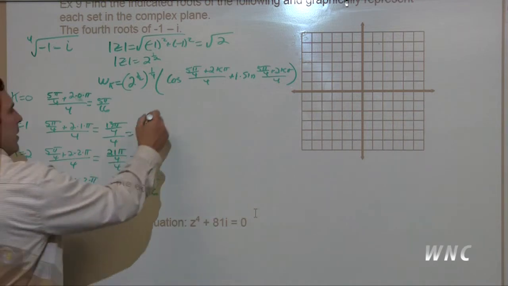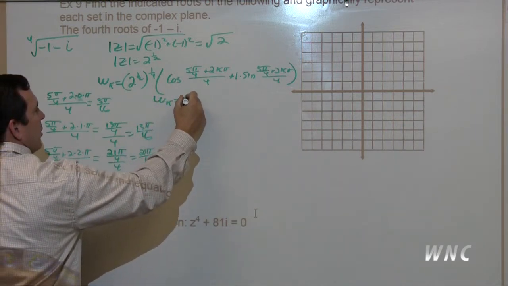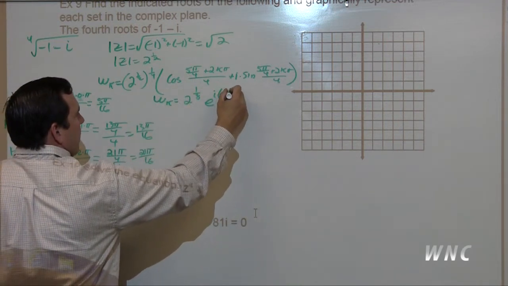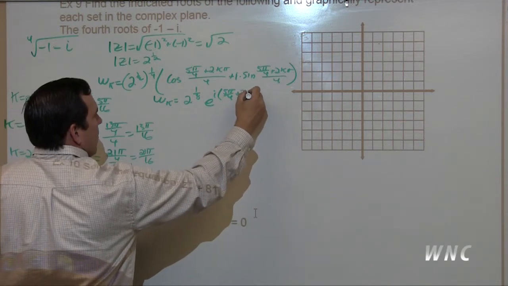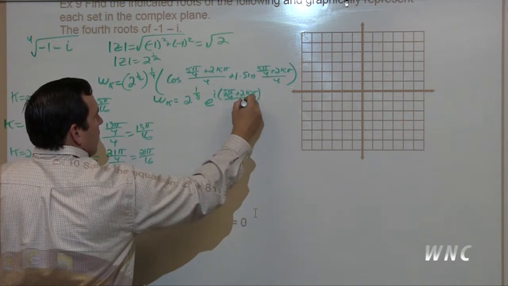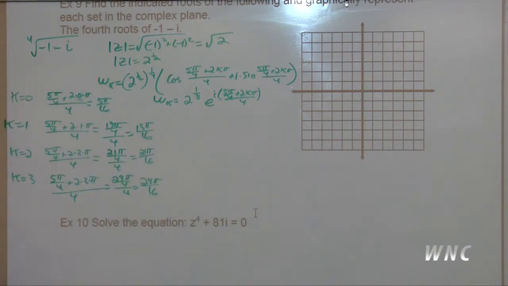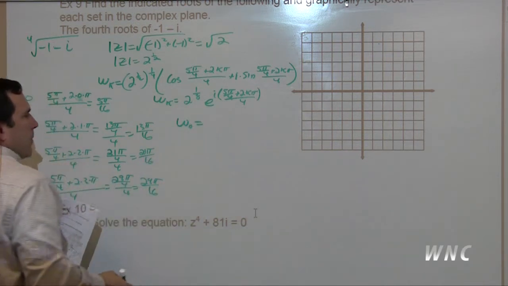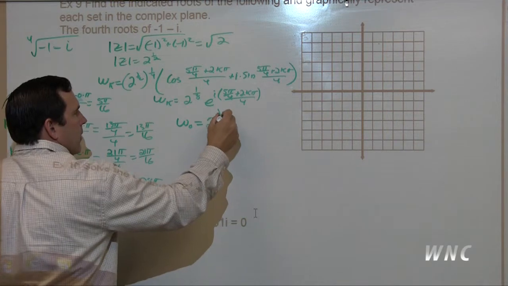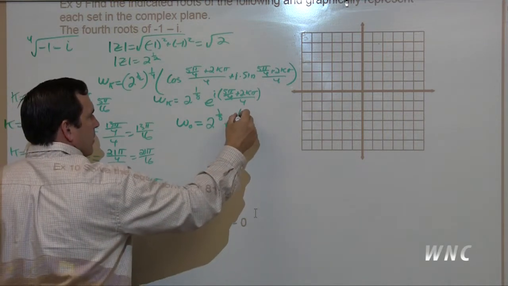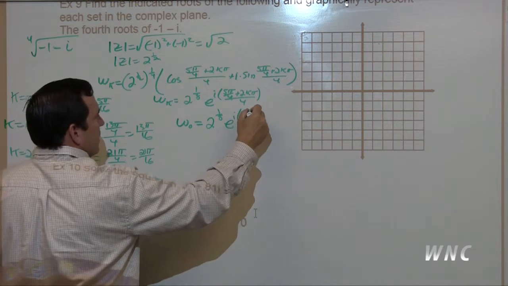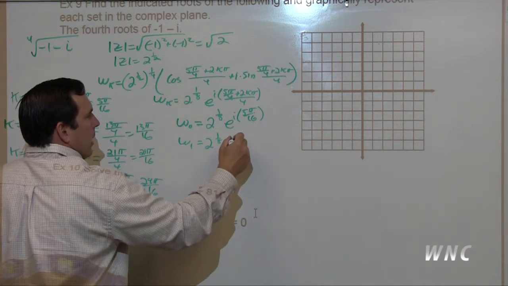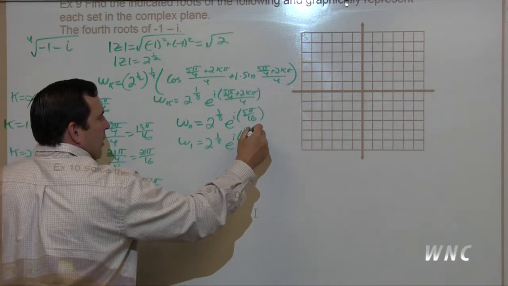So if we want to look at this, this might be easier to see if we do w sub k being 2 to the 1/8 e to the i times (5 pi over 4 plus 2k pi, all over 4). If we see it in this Euler's format instead, our w sub 0 is going to be 2 to the 1/8 e to the i times 5 pi over 16. w1 is going to be 2 to the 1/8 e to the i times 13 pi over 16.